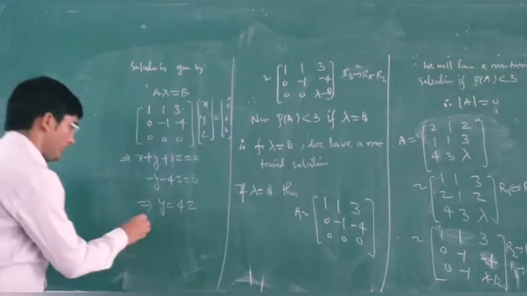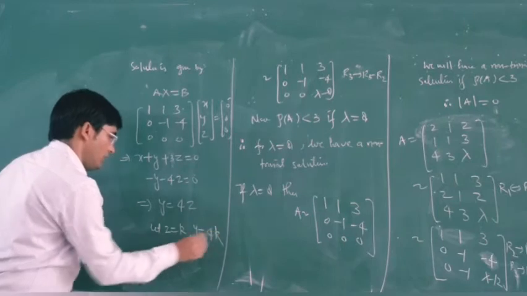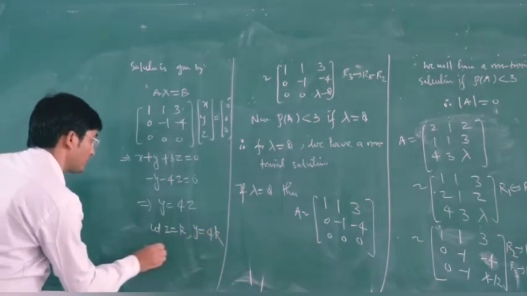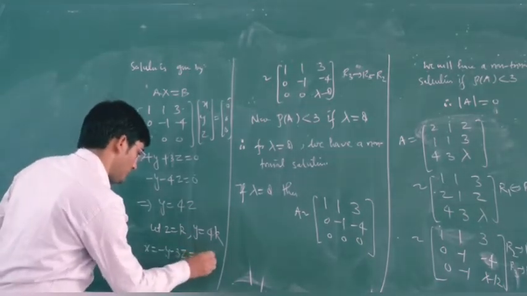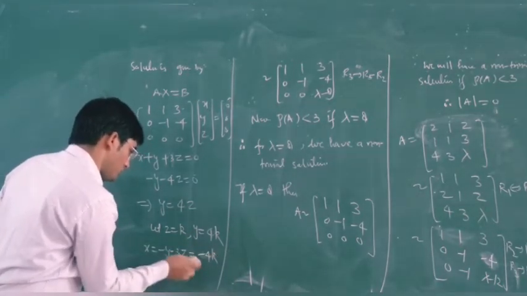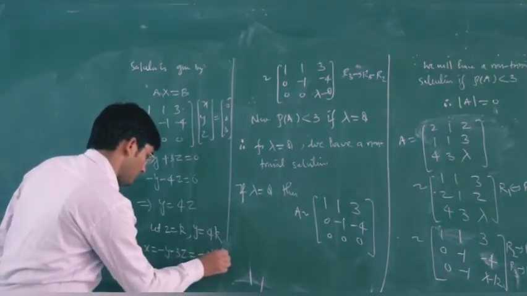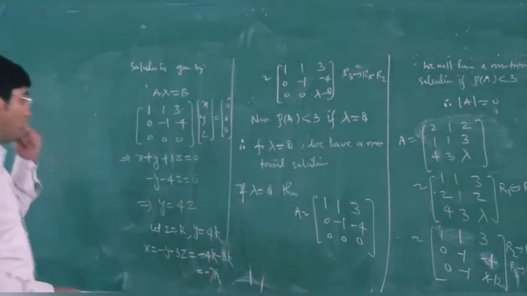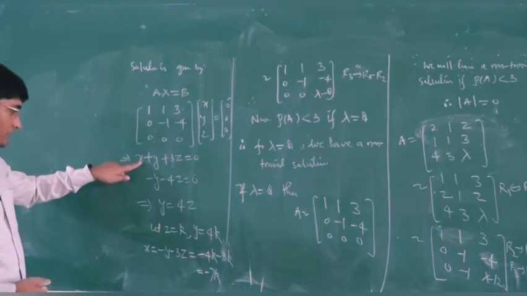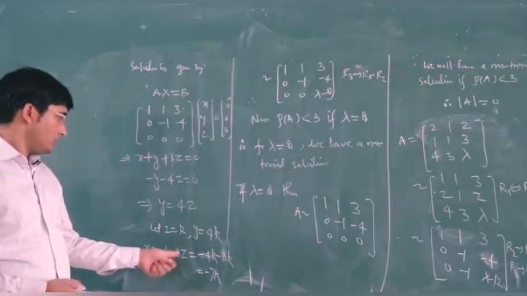Now if z equals k, then y will be 4k, and x will be -y - 3z.